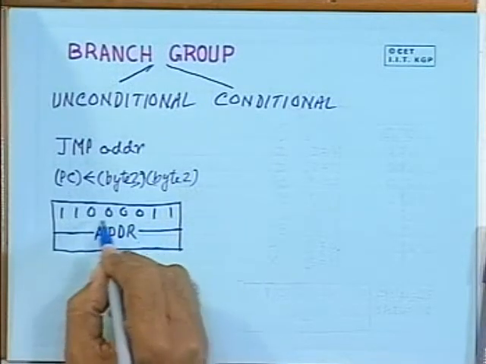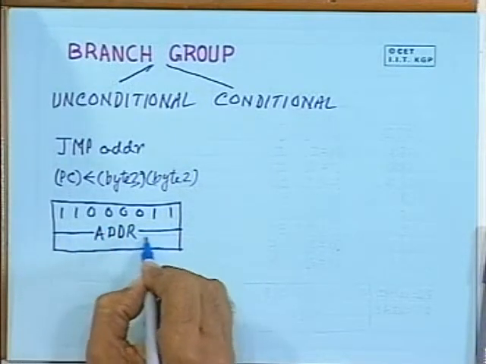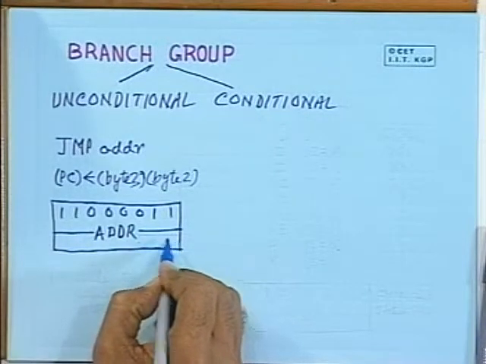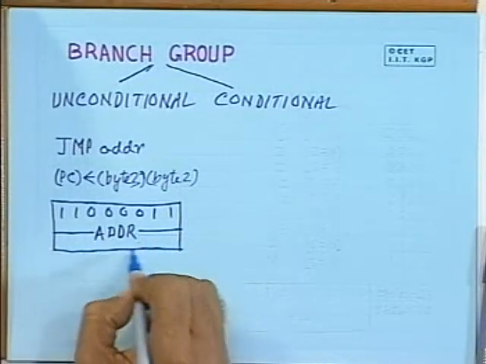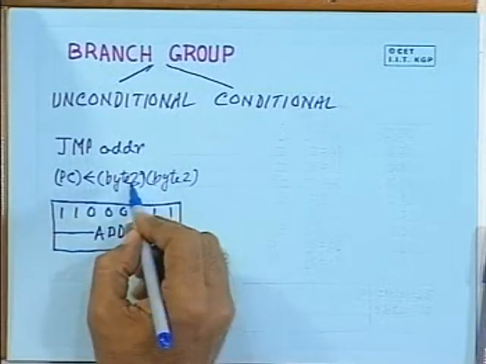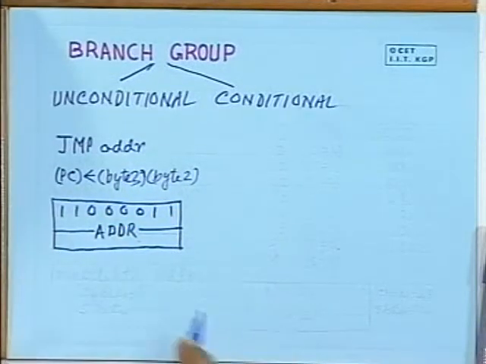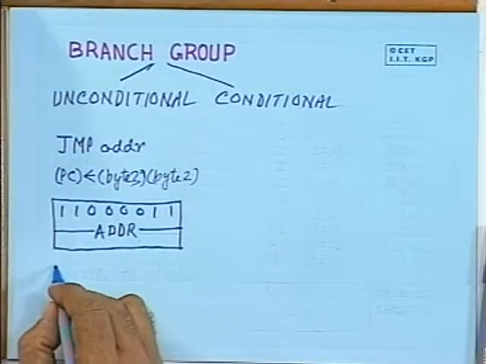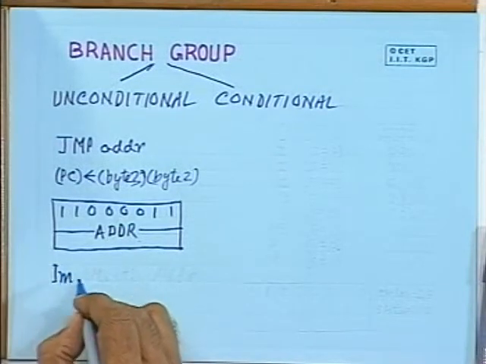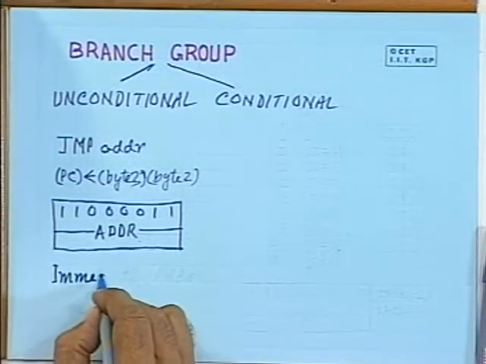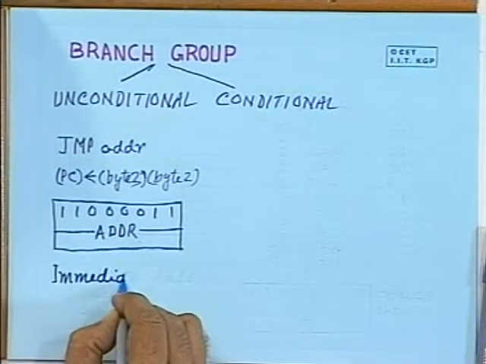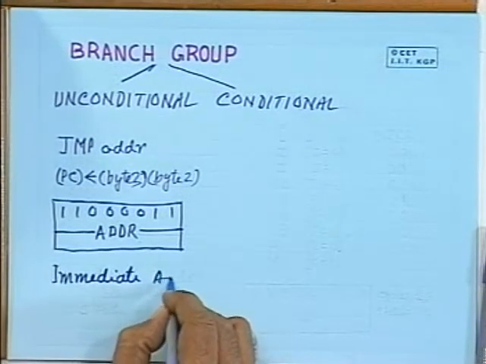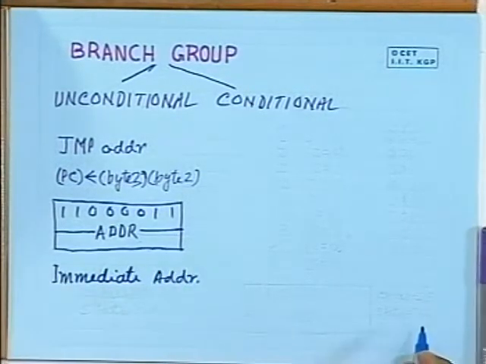As we know, byte 2 provides the lower order address, and byte 3 is the higher order address in the instruction. So, that is being loaded into the program counter, and you may call it immediate addressing, because you are providing the data in the immediate form as part of the instruction.